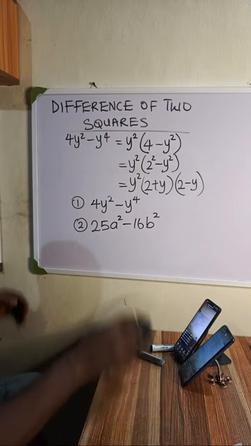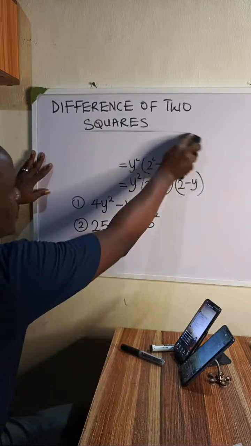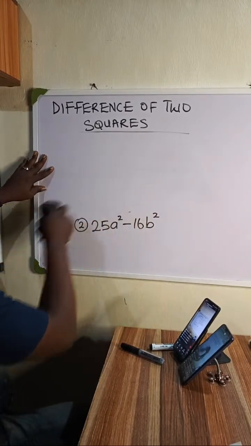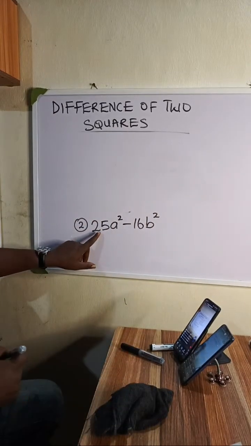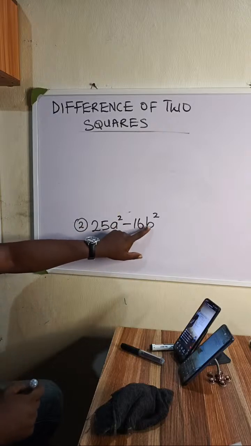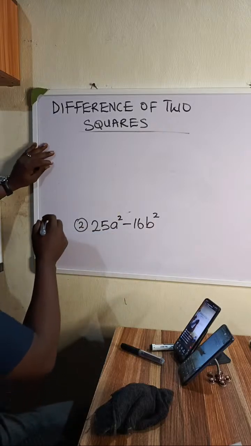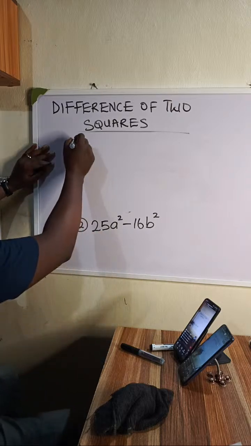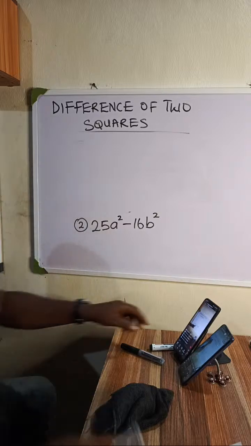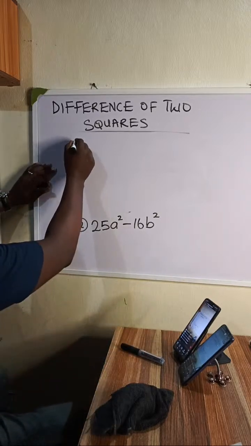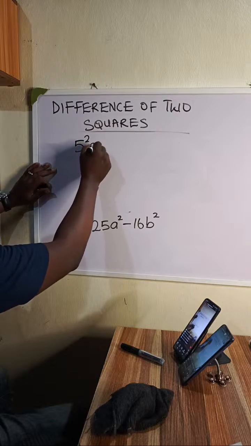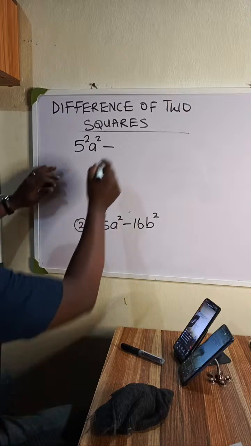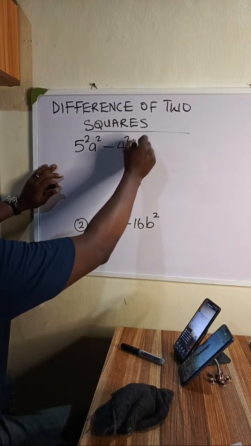Okay, let's look at the second one. So for the second one, we have 25a squared minus 16b squared. Here, 25 can be converted to 5 squared. So we have 5 squared a squared minus 16 can be converted to 4 squared. So we have 4 squared b squared.